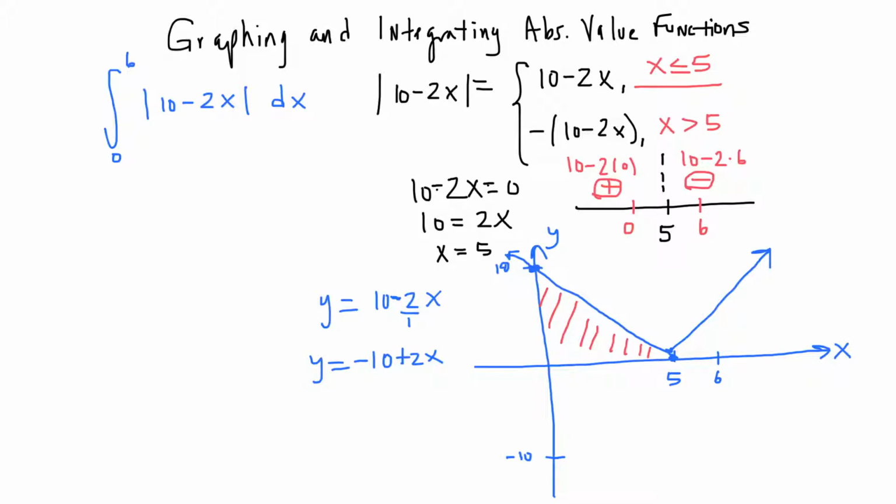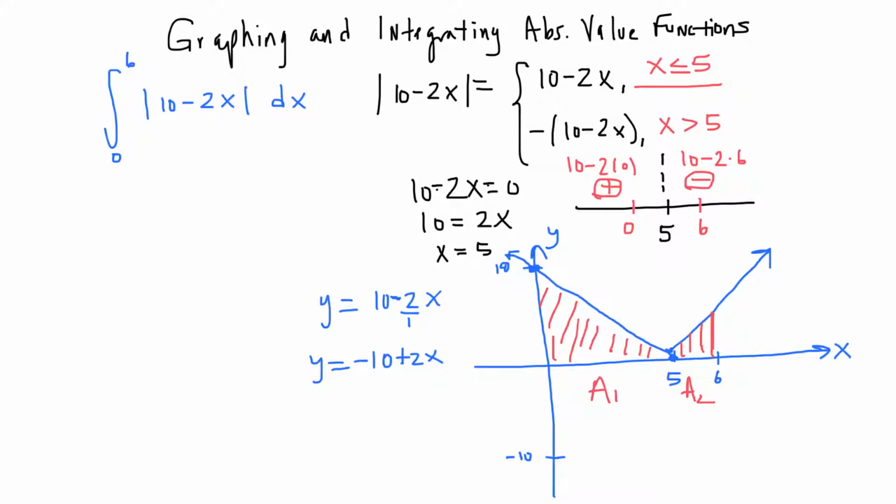And then from 5 to 6, I'll have this other area. And both of these are above the x-axis. So I'll have a positive number added to another positive number. Okay? I'm going to call it area 1, area 2.